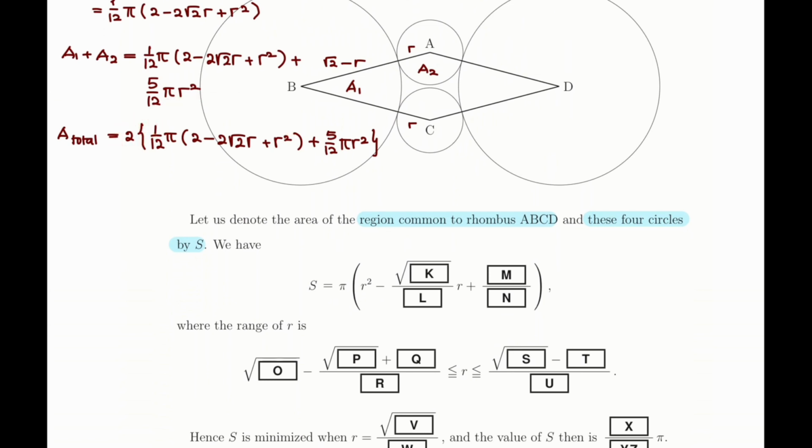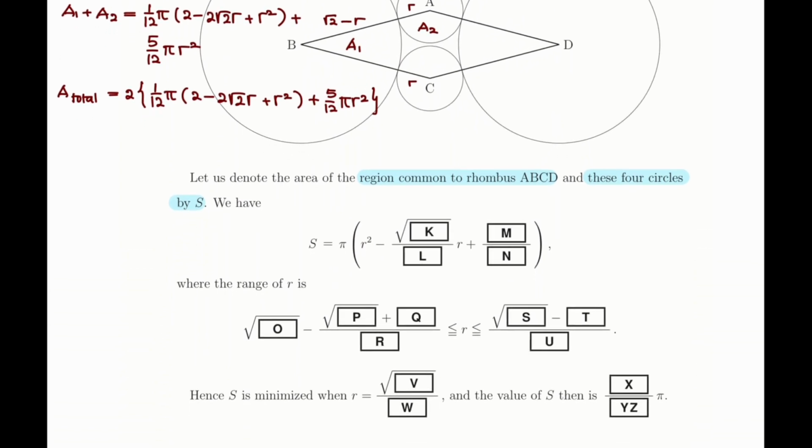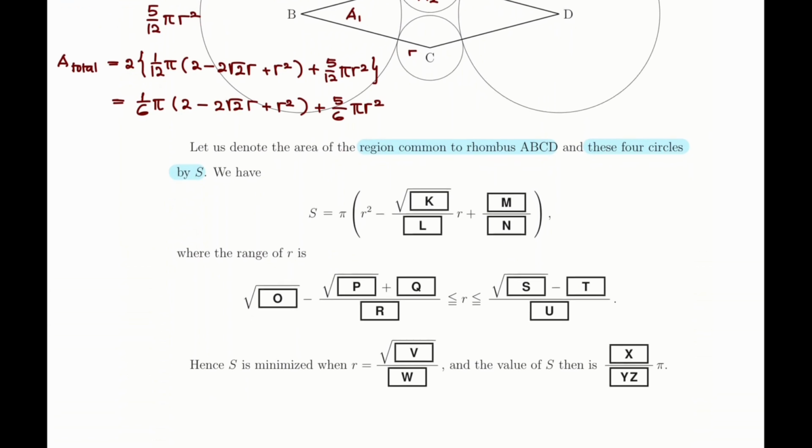Then you can distribute or expand 2 here. You will get 1 over 6 pi times 2 minus 2 square root of 2 R plus R squared, plus 5 over 6 pi R squared. And then my last step is to distribute 1 over 6 into the brackets.